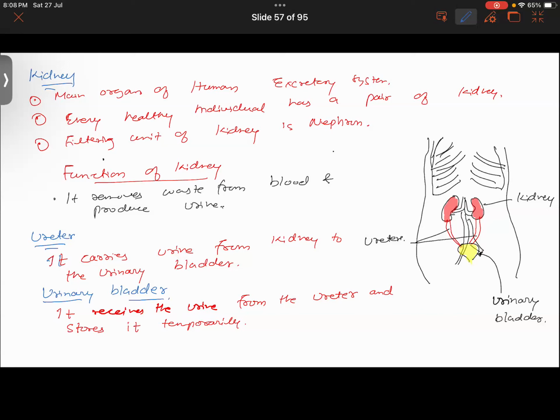Later on, for a few minutes we'll be talking about skin, lungs and liver also. Although we know that lungs are the primary organ responsible for breathing, they are also kind of helping in excretion. How can you justify this statement? Because urine is not the only waste produced in your body. Carbon dioxide is also waste produced in your body, and that has to be removed. So lungs would be performing a function of excretion also.